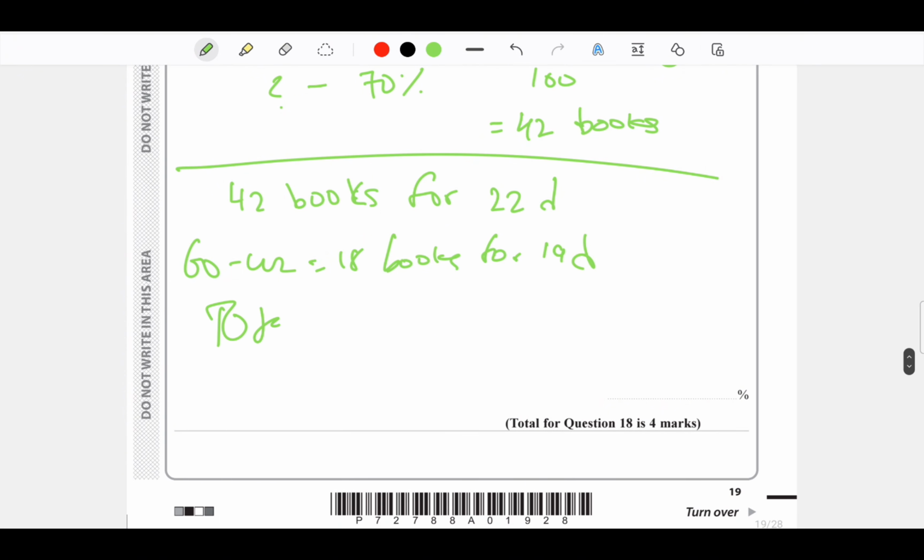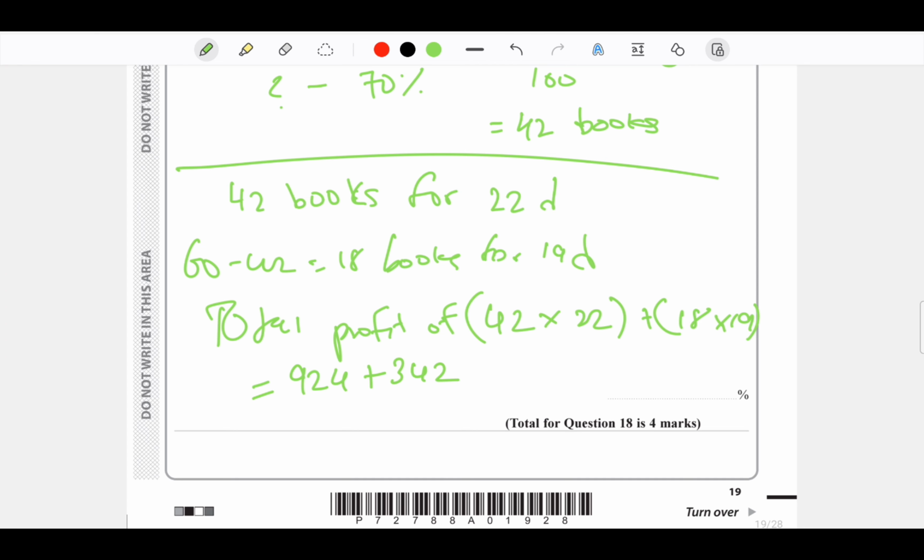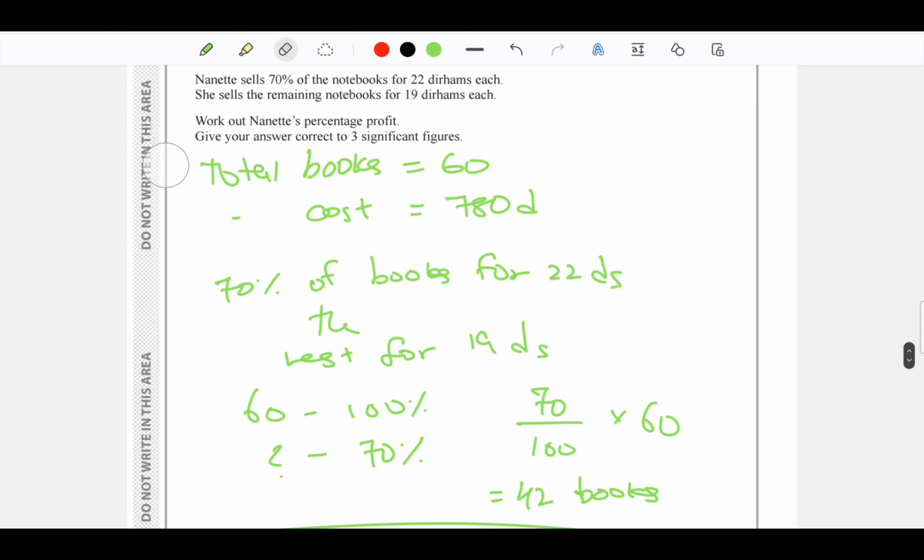That gives us a total income of 42 times 22 plus 18 times 19, which is 1266 dirhams, right?